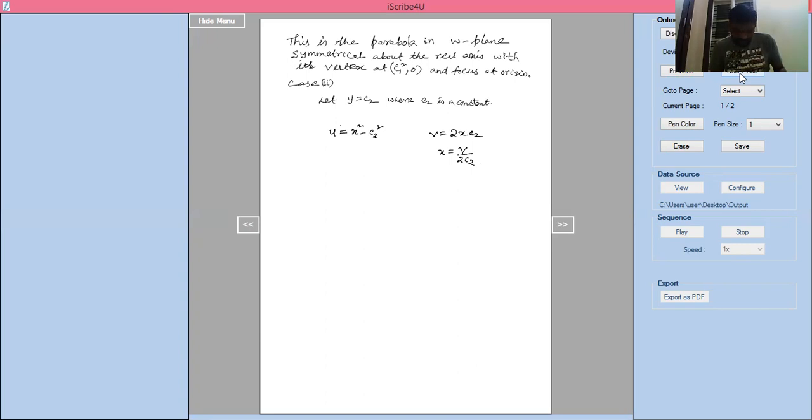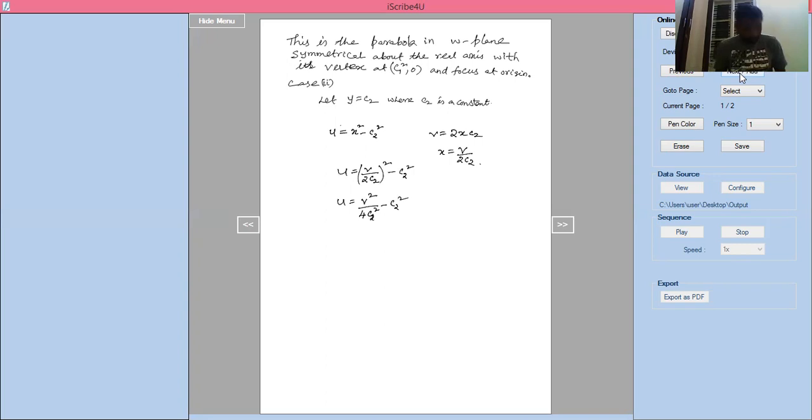Now I'll write u equal to (v divided by 2c2) whole square minus c2 square. So u equals v square divided by 4c2 square minus c2 square.